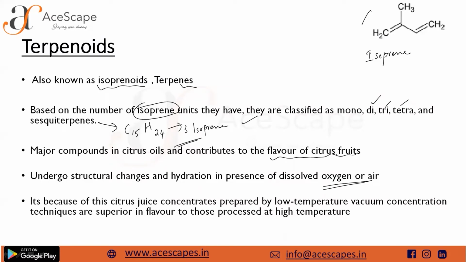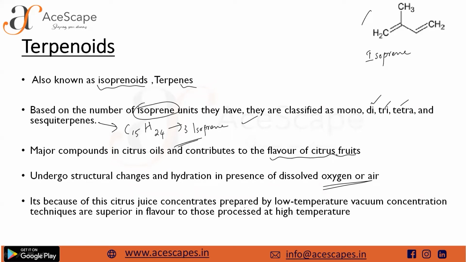When preparing lemon juice at home, when it is fresh it has a good flavor. After some time the flavor reduces. After some more time even the sourness turns into some bitter kind of taste. That is because of the reaction of these terpenoids with atmospheric oxygen or air.